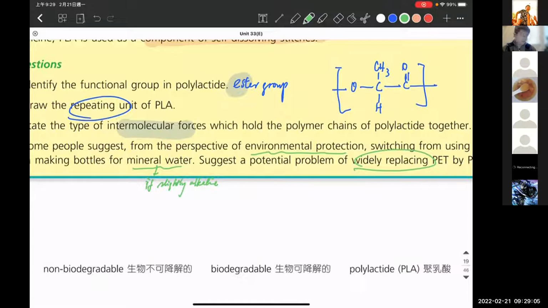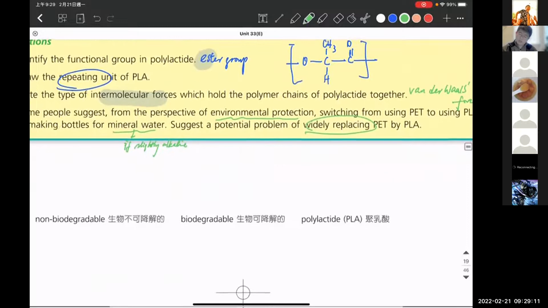But we have one more potential problem if we think backward to the production. Because the raw material of PLA is made from agricultural products, something like crops, right?